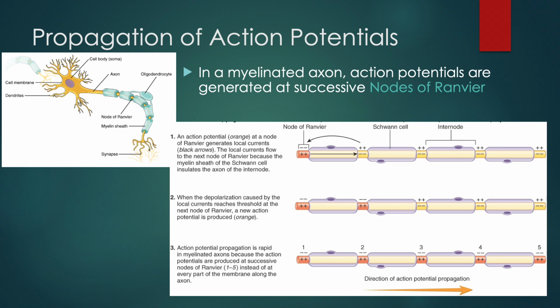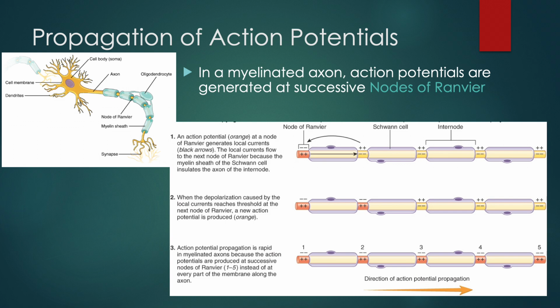And so here the ion channels are concentrated at these nodes of Ranvier. This is sometimes called saltatory conduction because the action potential jumps from one node of Ranvier to another. And so you see that very, very quick change in charge.